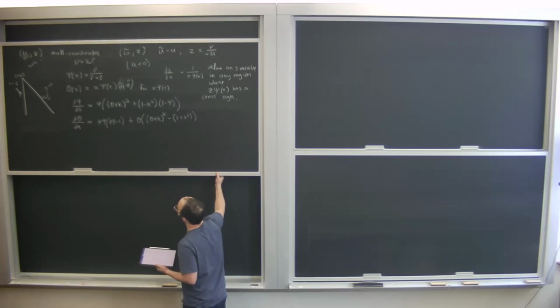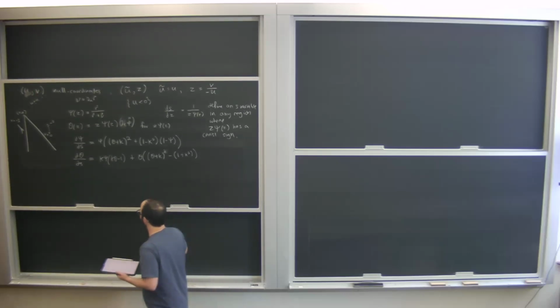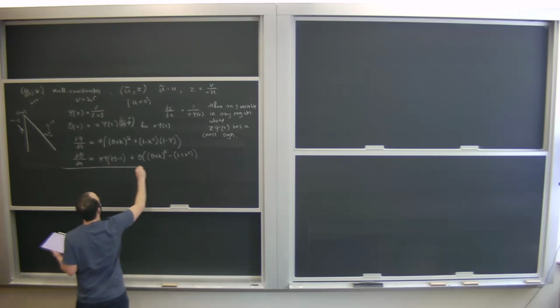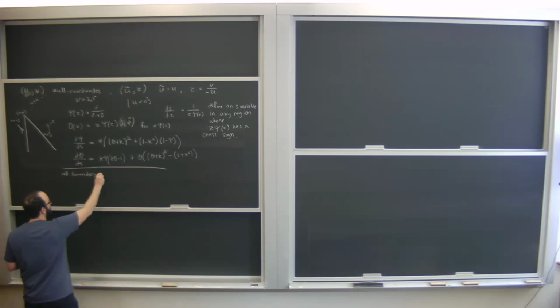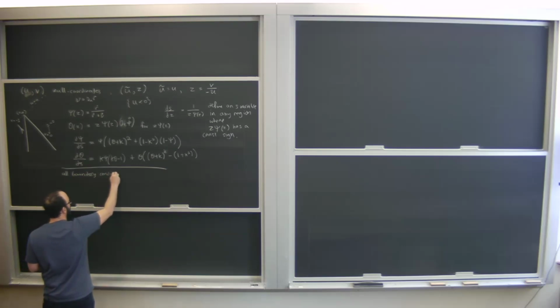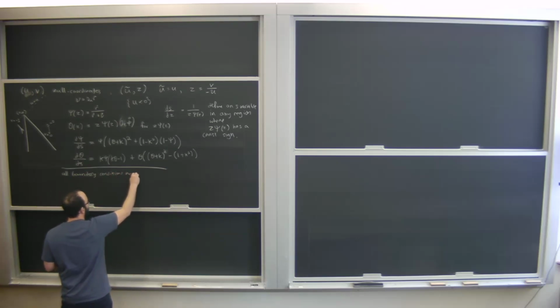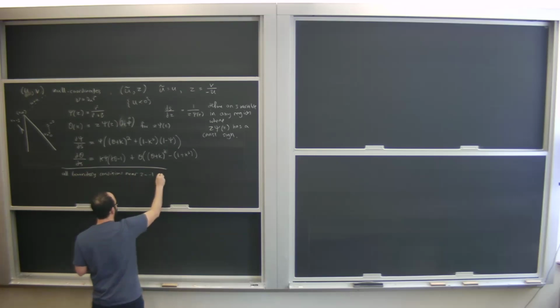So it turns out, and another thing that I can just remind you is that we had discussed all these boundary conditions. All the boundary conditions near z equals -1 are fixed as of now.